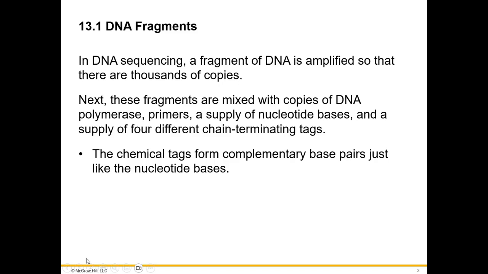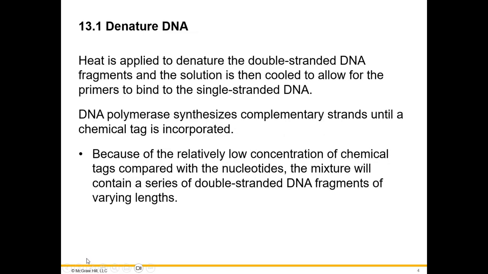So once that chemical tag is inserted, that's when we're going to be at the end of our stretch of DNA that we're copying. In order to do this, we apply heat, and that denatures the double-stranded DNA. That's what pulls our double strand apart into 2 open strands with exposed nucleotides, so that we can bind new nucleotides and create new copies.